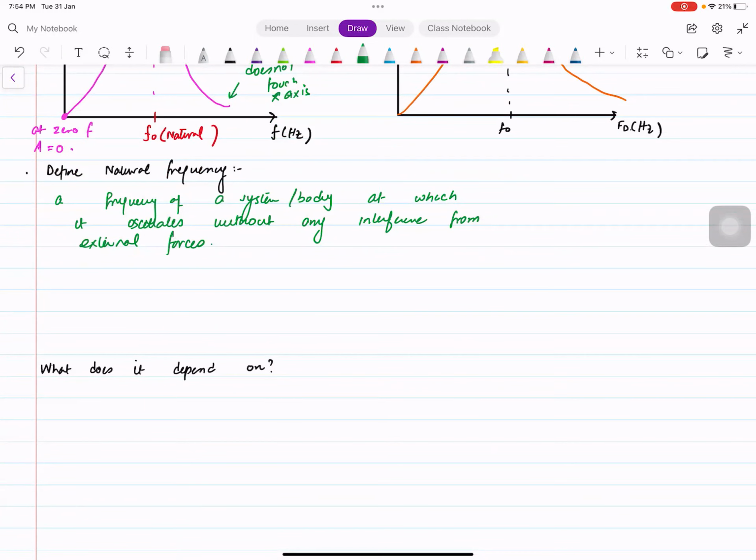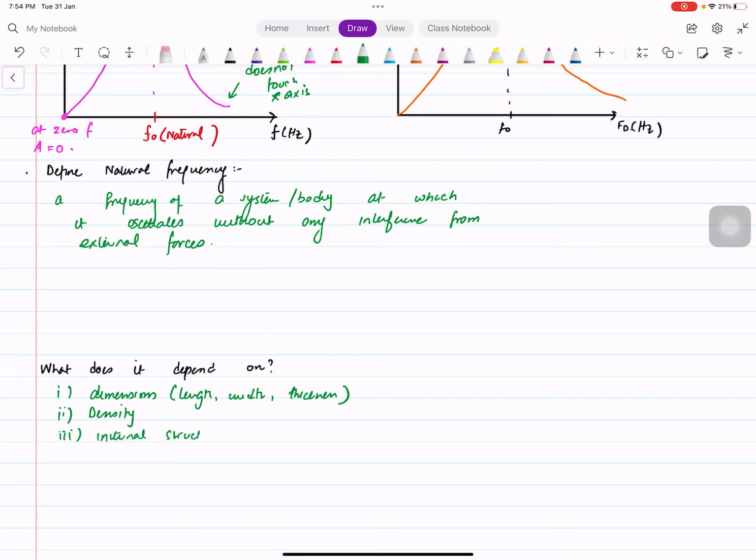Number 1, it depends on the dimensions. With dimensions, I mean length, width, thickness, right? Then it depends on the density. Then it depends on the internal structure.